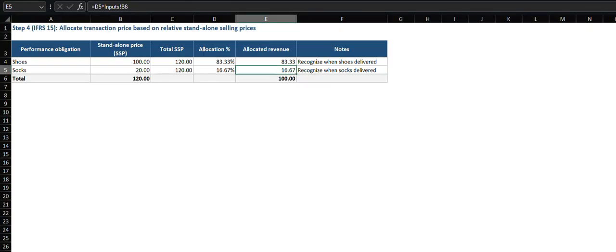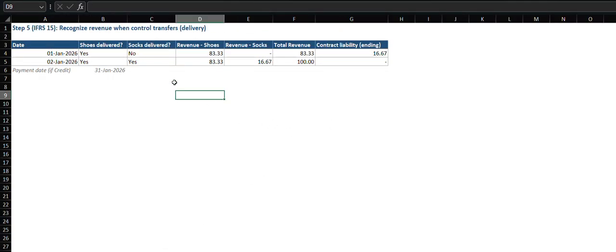Next, in the revenue schedule tab, this tab explains when revenue is recognized. Revenue related to the shoes is recognized immediately because the shoes are delivered at the point of sale. However, socks are delivered later, so the revenue related to the socks is deferred.